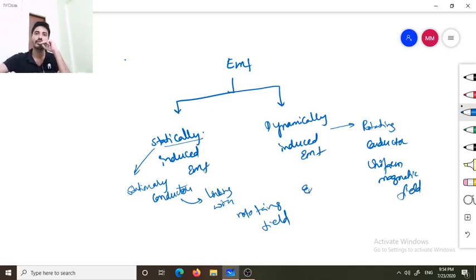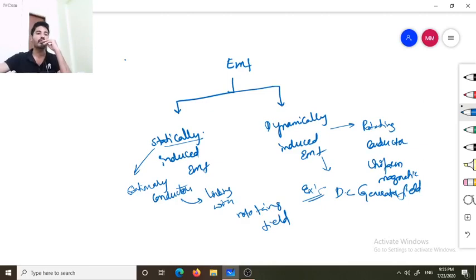For example, the DC generator works on the principle of a dynamically induced EMF. The DC generator works on Faraday's laws of electromagnetic induction, and the type of EMF induced in a DC generator is a dynamically induced EMF.